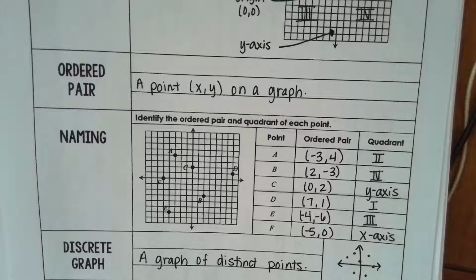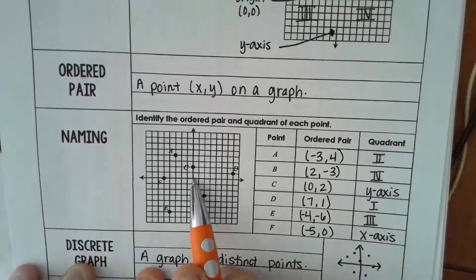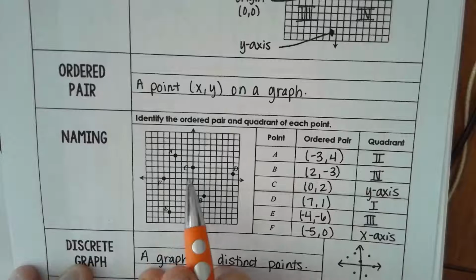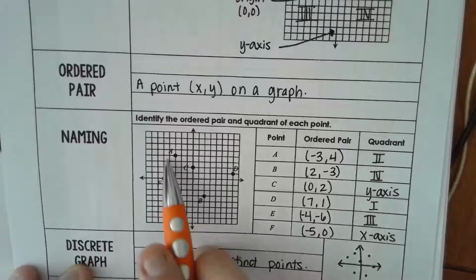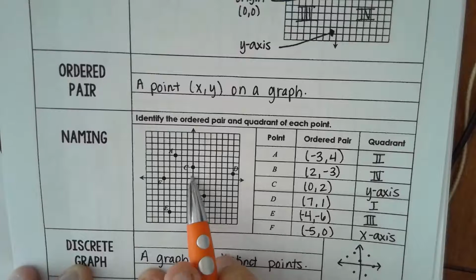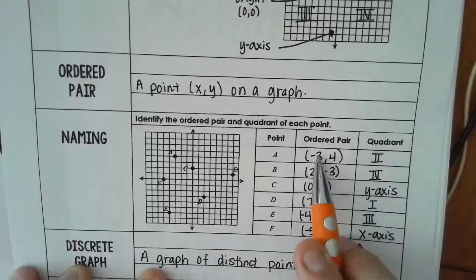So now they're all filled out for you. But what you would have to do to get these is start at the origin. The origin's your starting point. Remember, it's 0, 0. And if I go to the left on my x-axis, I'm going in the negative direction. So to get to A, which is right here, I'd have to go left 1, 2, 3, which is negative 3 in the x direction.